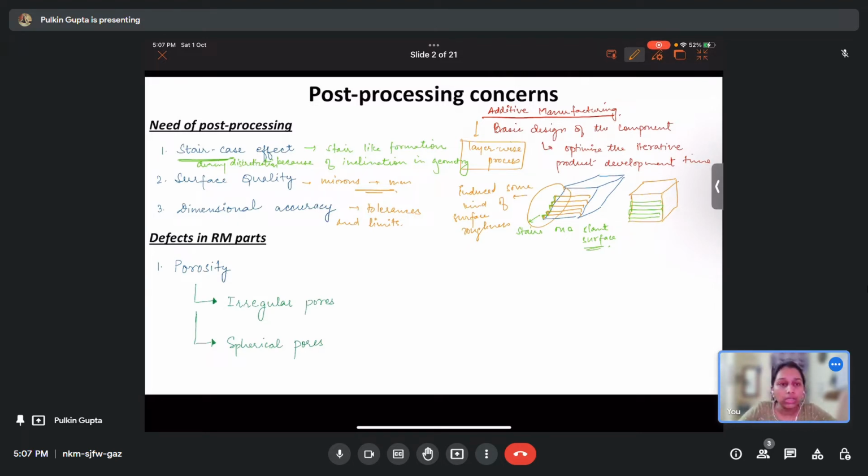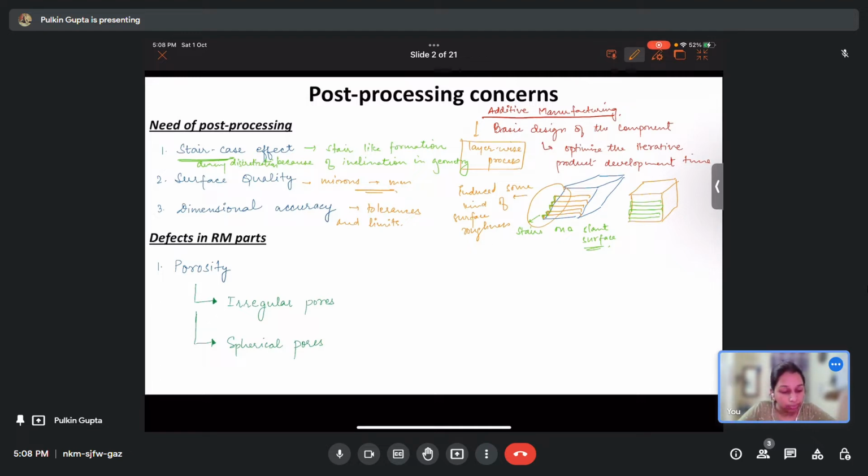Now let us go through the defects in rapid manufacturing parts briefly. There are some four to five major defects. First we'll study the porosity defect, which is a very common defect in most additively manufactured parts.